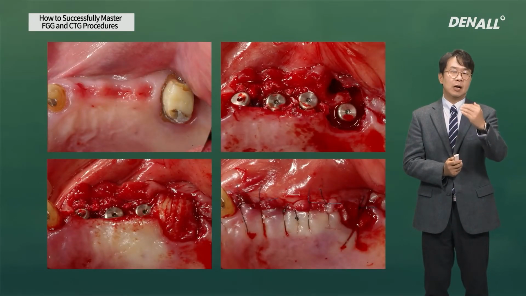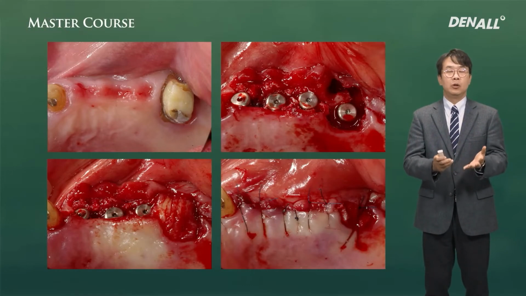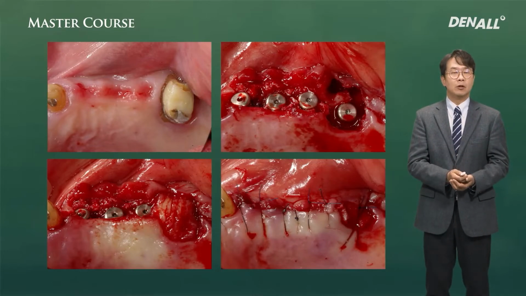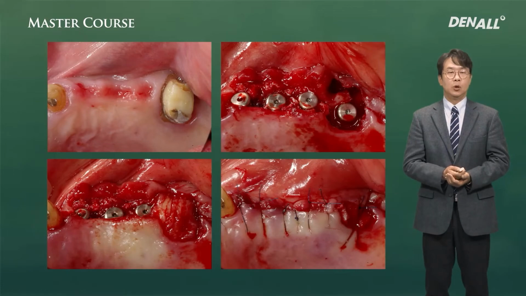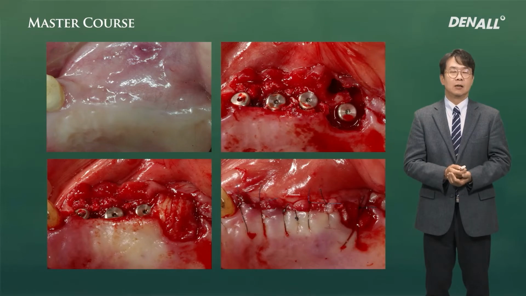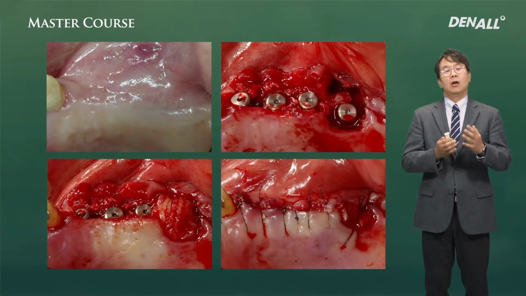Like this, implant surgical site and the extraction sockets. You can use a non-submerged technique, but if you have to use a submerged technique, CT can be used and the suturing is done to heal the wound, and it is healed.